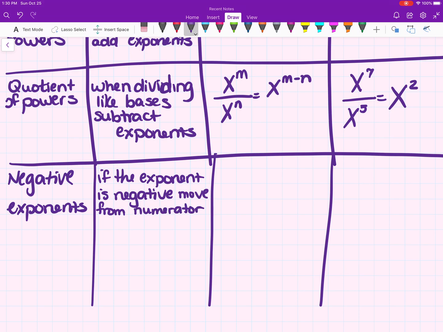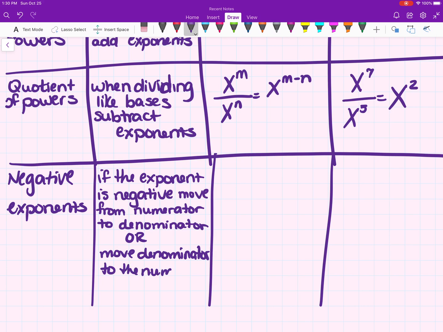Or if it's in the denominator, you can move it from the denominator to the numerator. So for example, if we had something like 1 over x to the negative m, you can't give that as an answer.